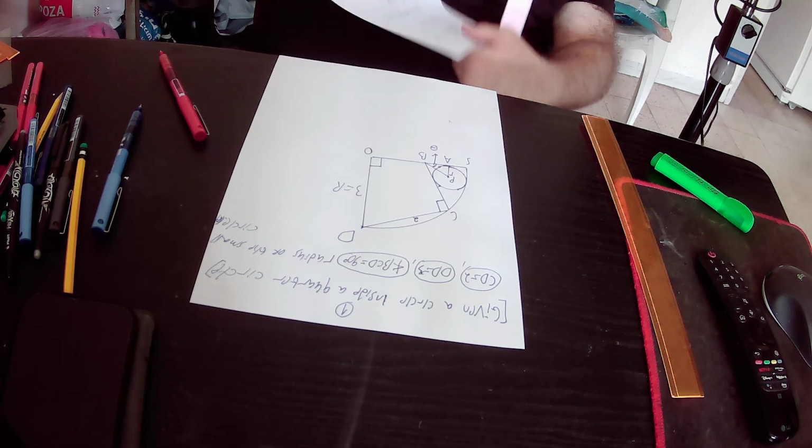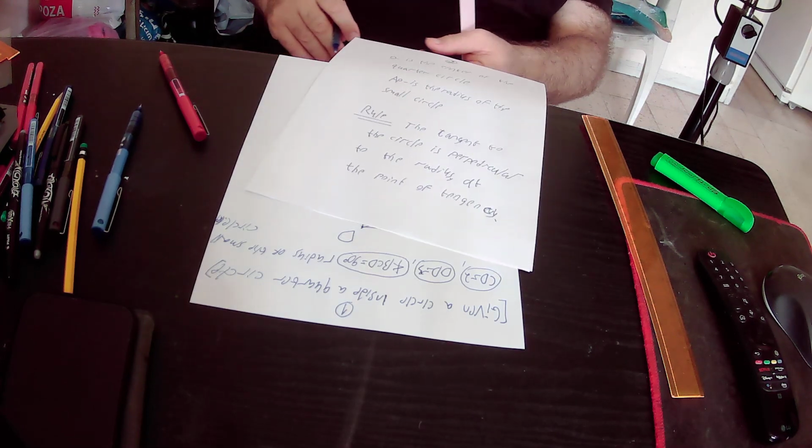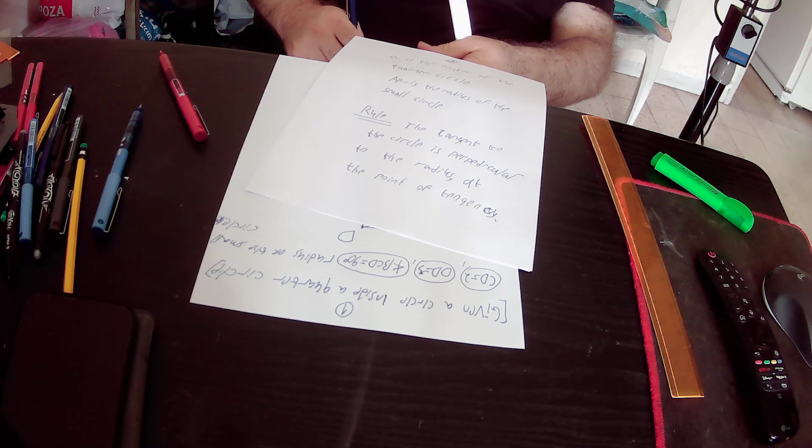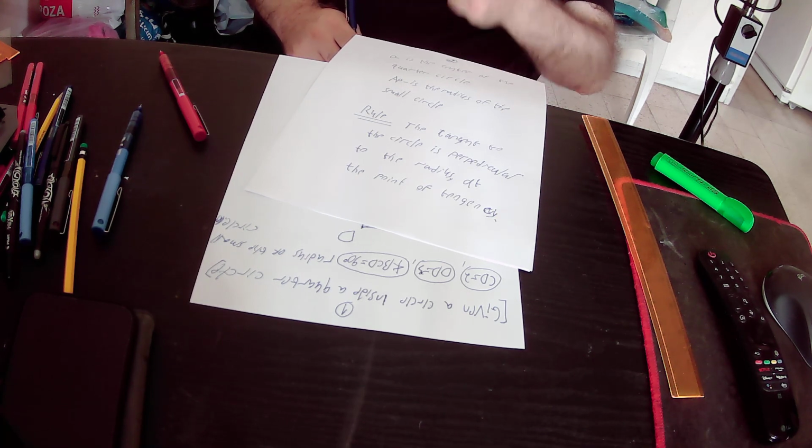So I will read the rule again. The rule states that the tangent to the circle is perpendicular to the radius at the point of tangency.